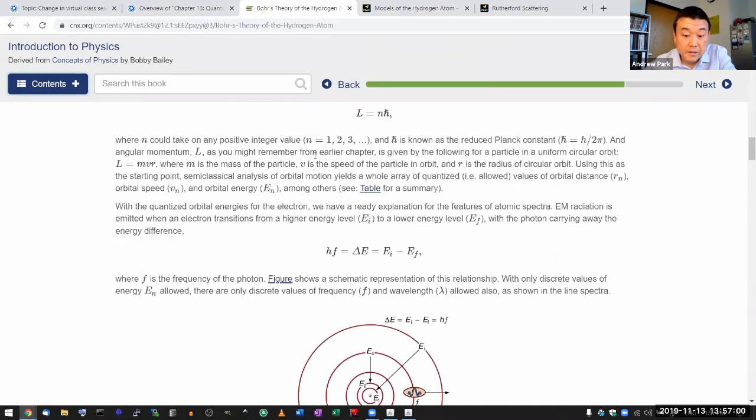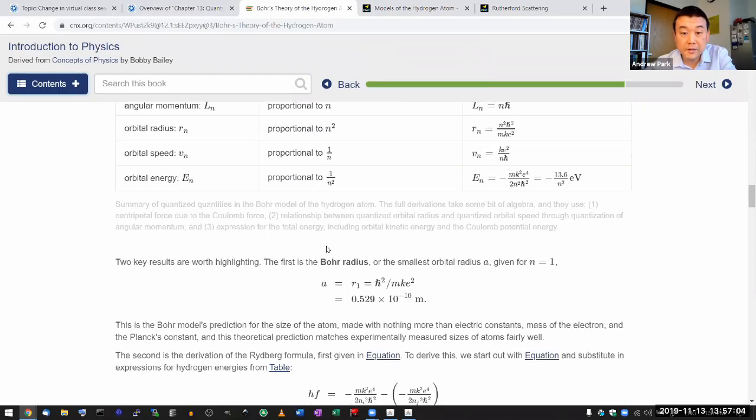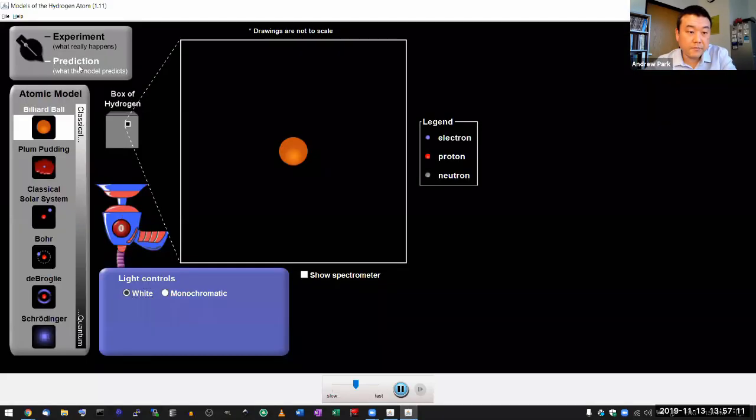To give this model a context, let me give you the description of the other models of the hydrogen atom. The simplest model is kind of the Greek, as in ancient Greece, imagination of the atom, an indivisible particle of matter.